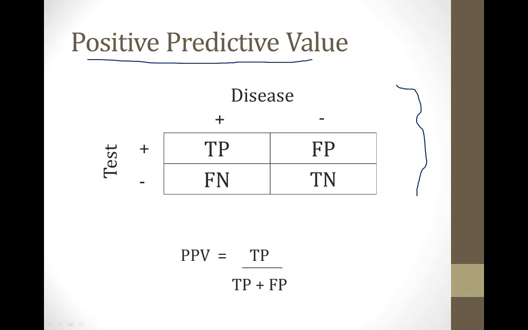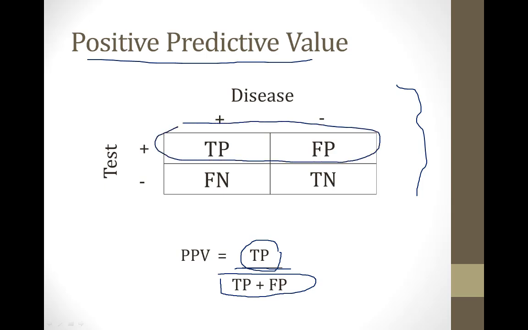So we take the true positives, the patients who truly have disease and are identified as positive by our test, and divide by all the positive results, which are the true positives plus the false positives. If you have trouble remembering this equation, just remember that the positive predictive value is the top row. The trues always go on top, so true positive is on top, and the total number of patients in the top row go on the bottom. That's the true positives plus the false positives.